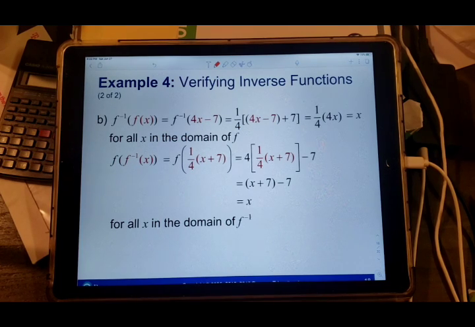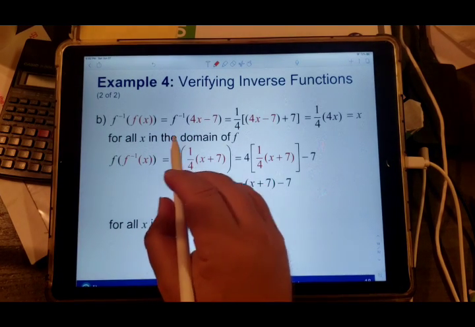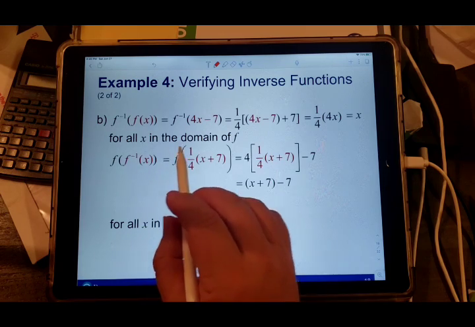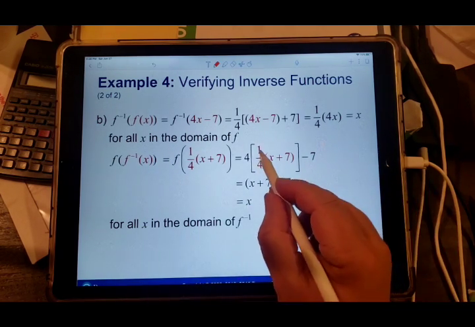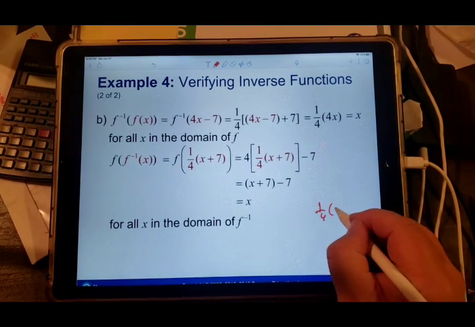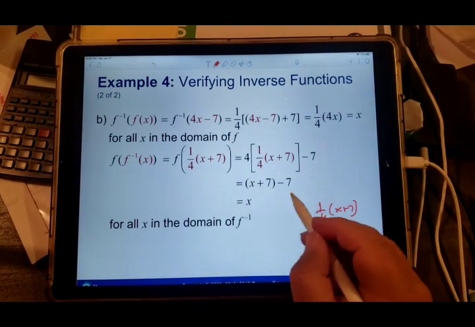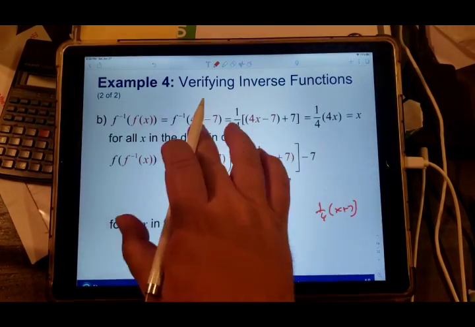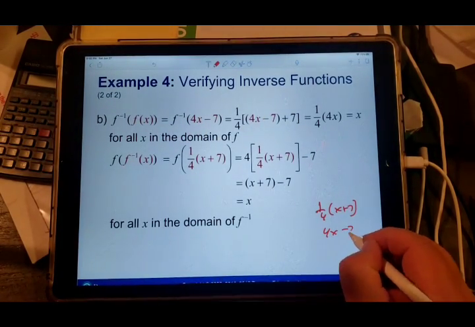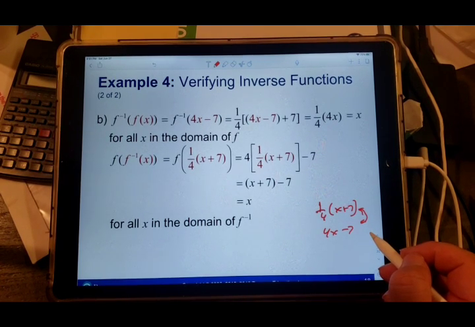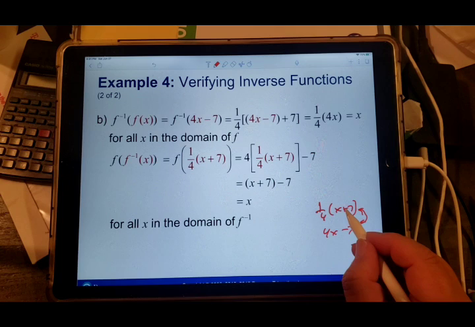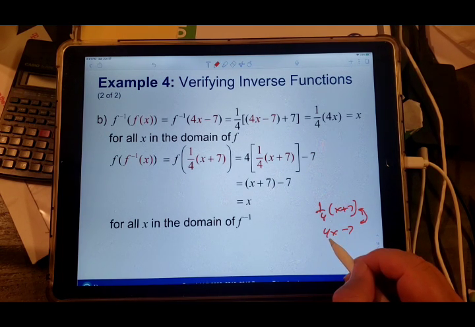They did it with f and f inverse, where f of x was 1/4 x plus 7. That was one of the functions, and the other function was 4x minus 7. And again, you should smell inverse here. Kind of looks like they might be a candidate for inverses because one has a minus 7, one has a plus 7, one has a multiply by 4, the other has a multiply by 1/4.